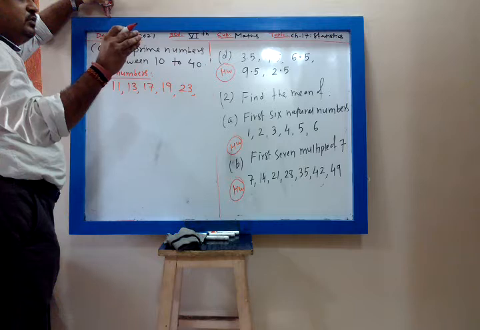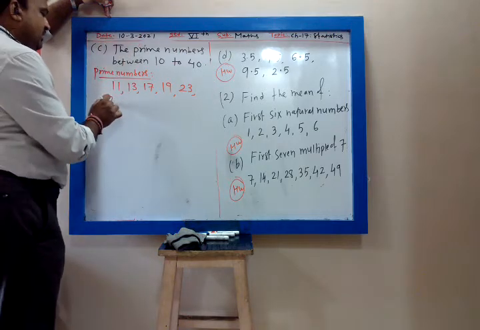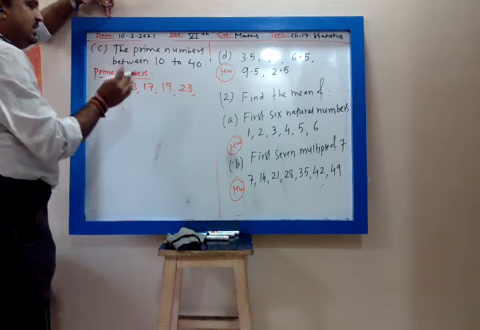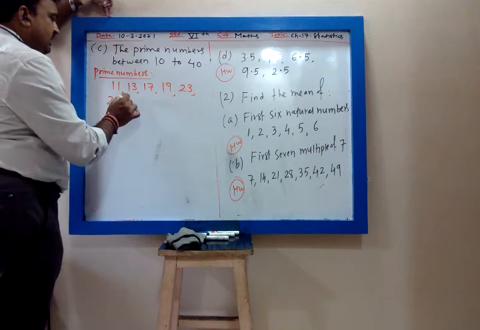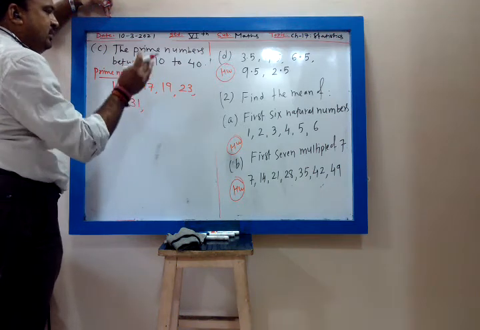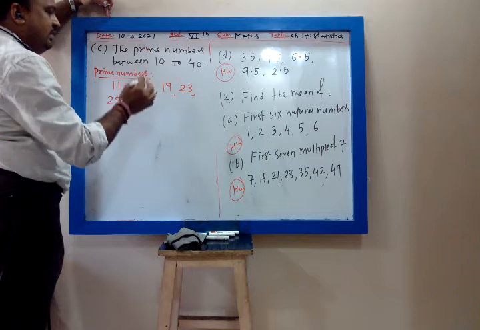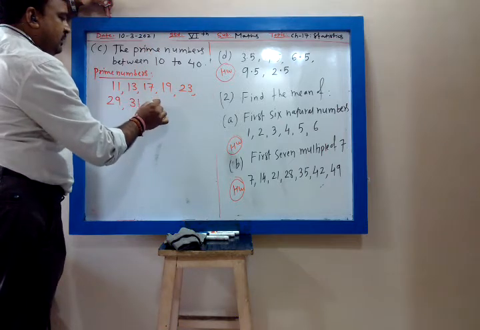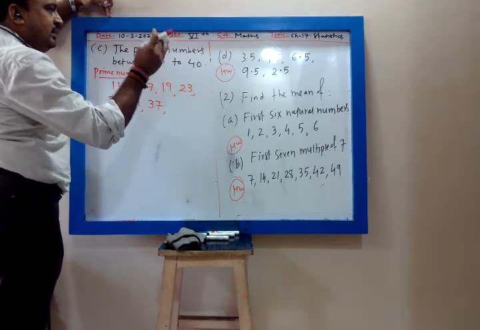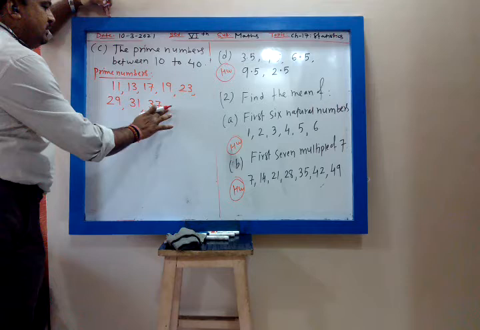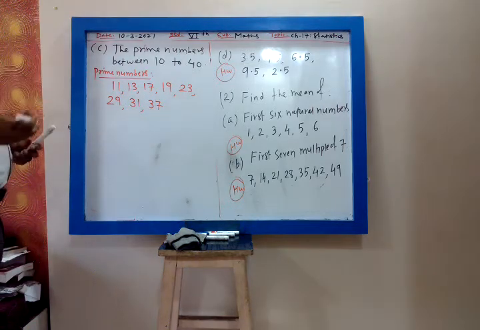It is not a prime number. 28 not. 29, 30, 31. Then 32, 33, 34, 35, 36, 37. 38, 39 will not be there. But only this much, my dear.